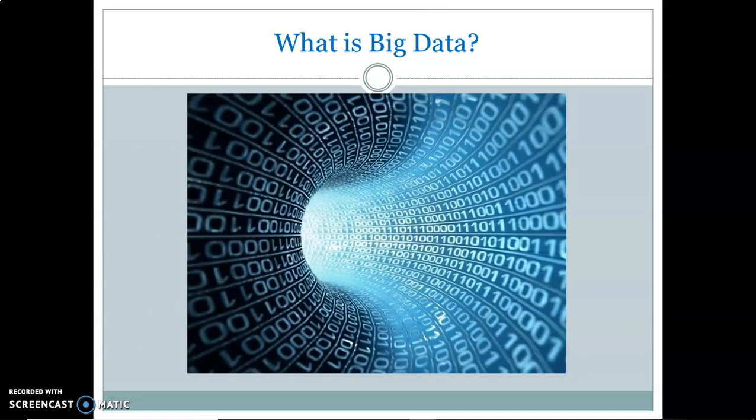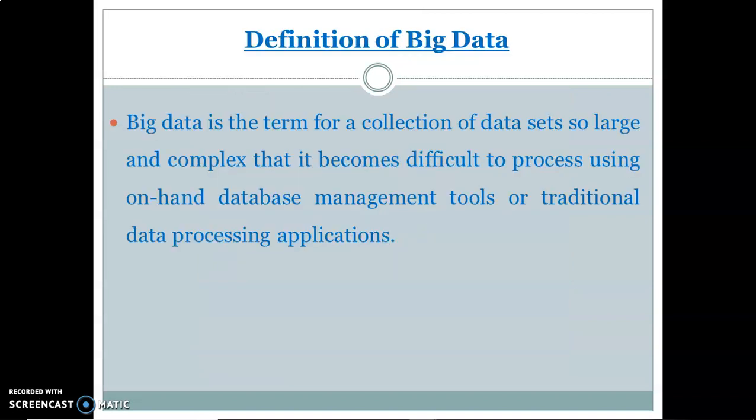So the question now arises, what is big data? Is it some huge, big form of data? What exactly is it? There are many definitions of big data that you will find on the internet. But one classic definition from Wikipedia is that big data is the term for a collection of data sets so large and complex that it becomes difficult to process using on-hand database management tools or traditional data processing applications.